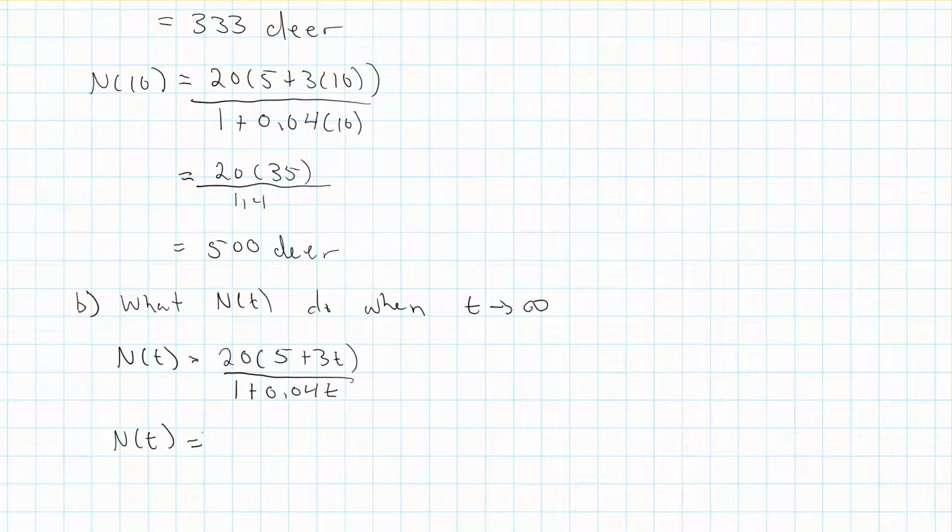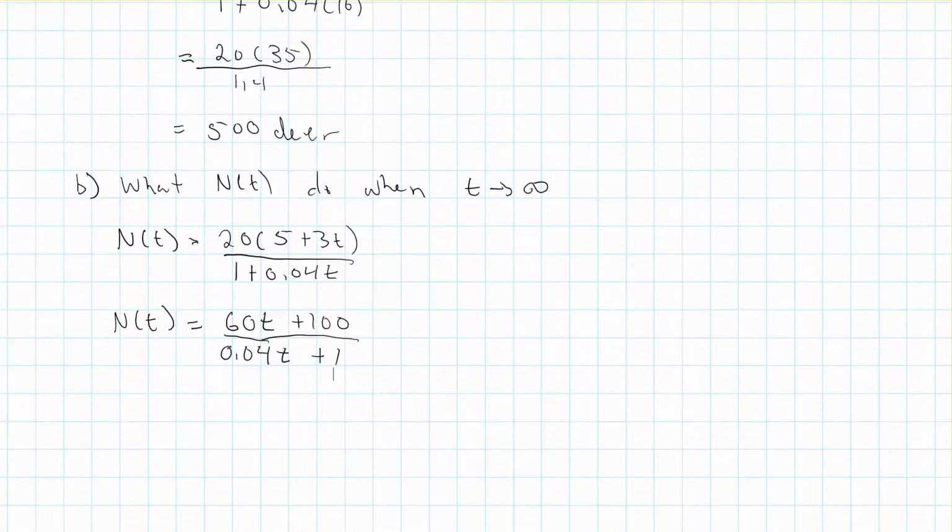I'm going to first multiply my numerator out and write it in descending order. So this would be 60T plus 100 divided by 0.04T plus 1. Looking at my lead terms, because I'm going to find my horizontal asymptote, I've got a lead term of 60T and 0.04T.